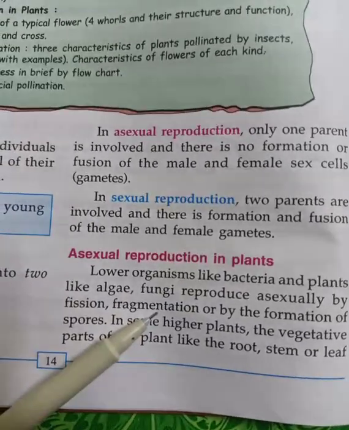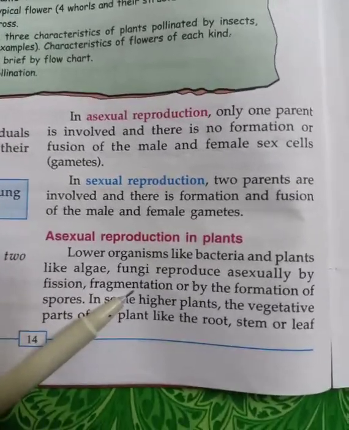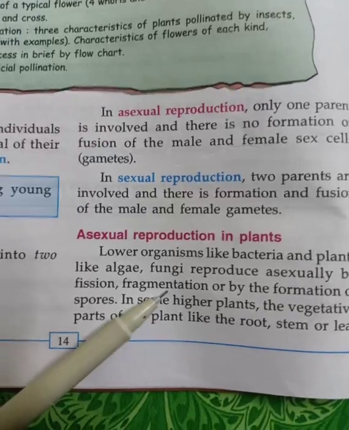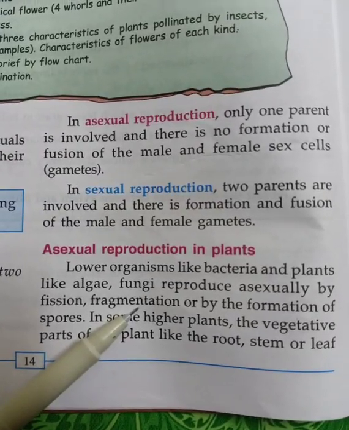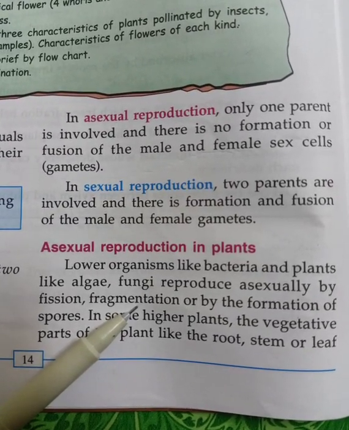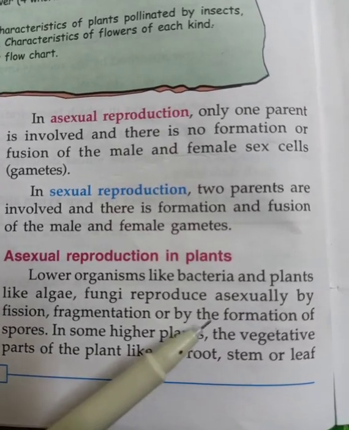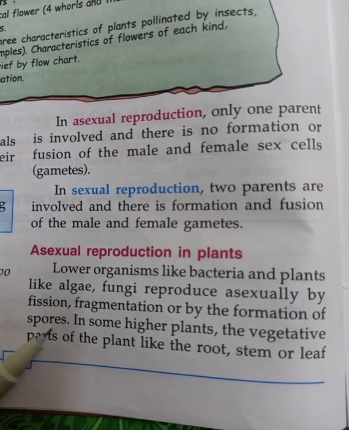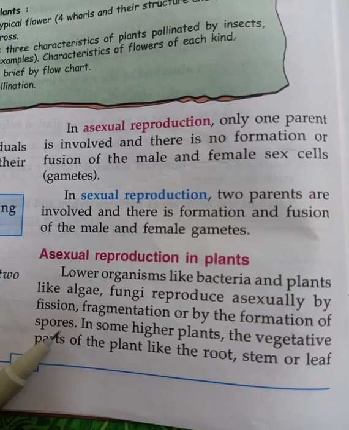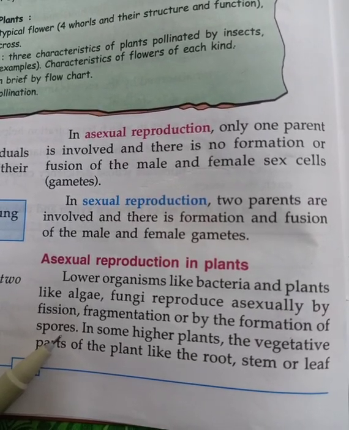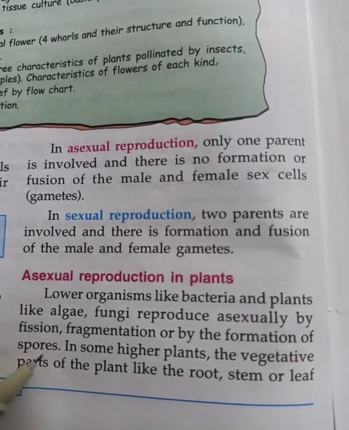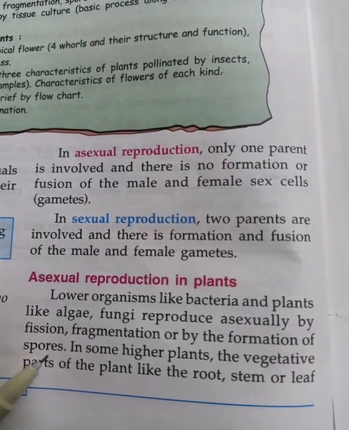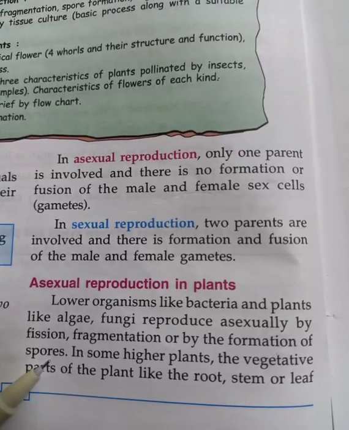Second is by fragmentation, when the organism is able to form fragments and each fragment is able to develop into a new organism, that is fragmentation. And third is the formation of spores, which occurs in the cell. So these are mainly the types of asexual reproduction.